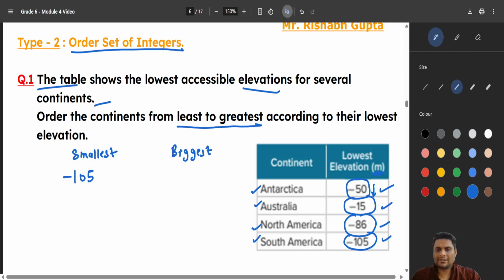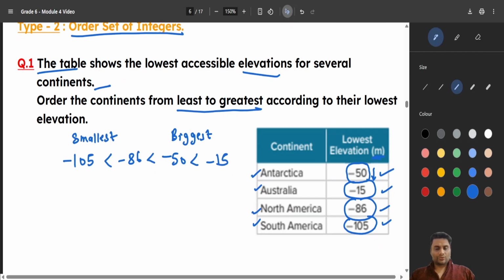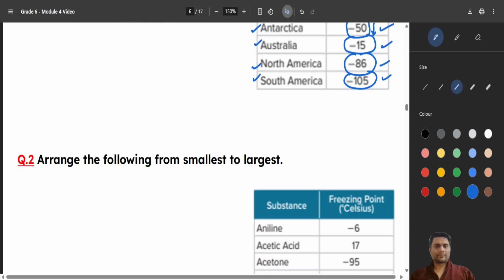Then the next one will be -86, then -50, and then -15. Okay, understood? Now let us move to the next question.